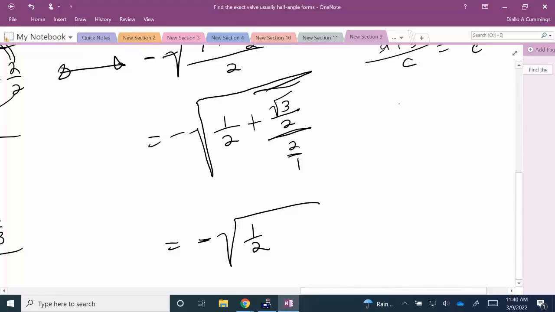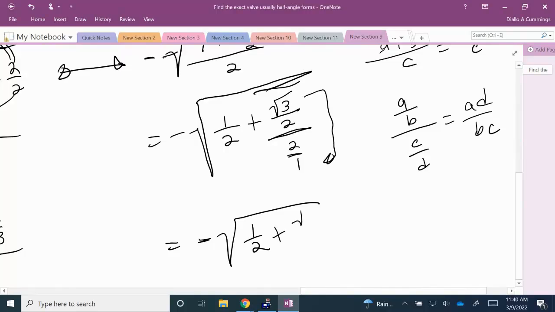And then there was another formula that we talked about, A over B all over C over D is equal to A times D over B times C. So you can multiply the very top and the very bottom. So the square root of 3 times 1 is the square root of 3. And then 2 times 2 is 4.